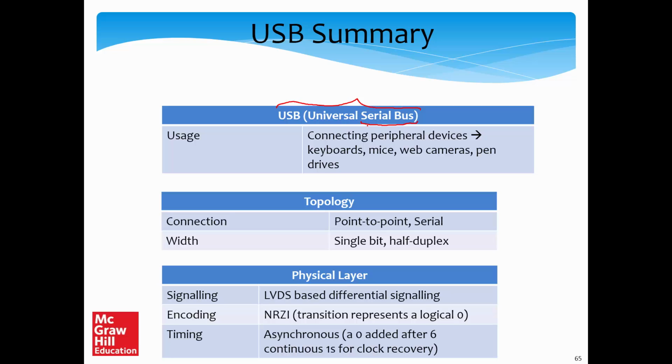Also, since these are external connectors, the links are fairly long, so there is a fair amount of noise that these links are exposed to. As a result, transmitting more bits at a time terribly limits the bandwidth. So we have point-to-point serial single-bit links, and it's a half-duplex communication, in the sense that it's not possible for the sender and receiver to be talking at the same time.